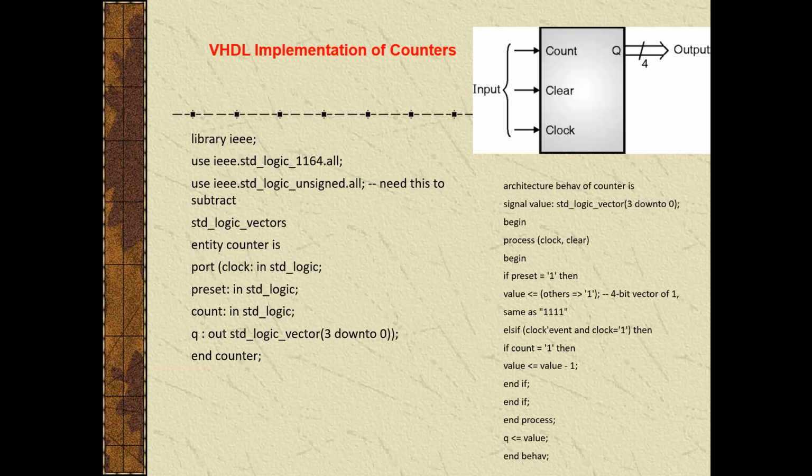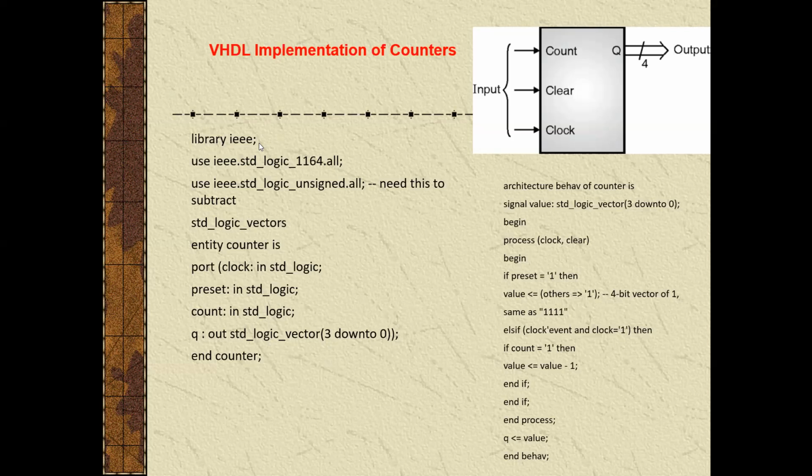The 4-bit binary down counter with asynchronous reset. The behavioral VHDL code for the 4-bit binary down counter is shown in the figure. The statement IEEE.std_logic_unsigned.all is needed in order to perform a subtraction on std_logic_vector.